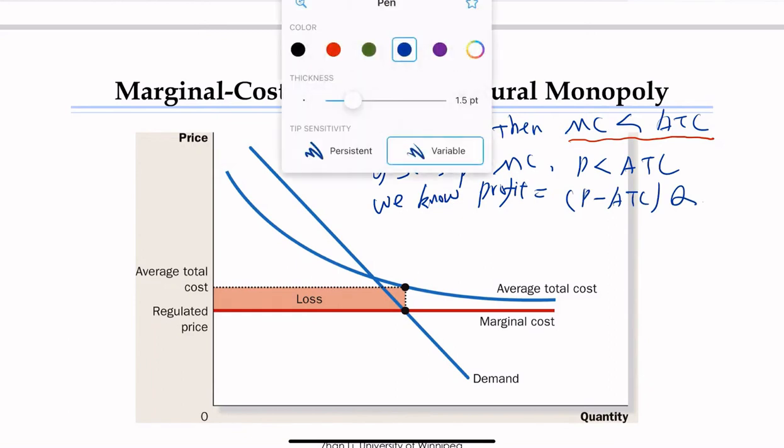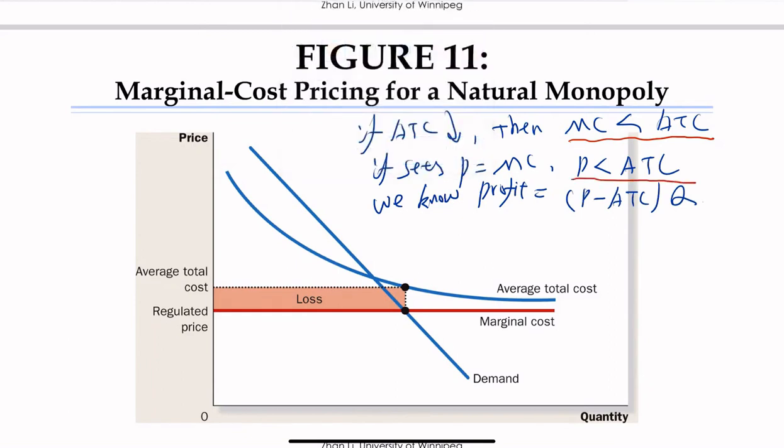If price is lower than average total cost, then you would know that the profit has to be negative. And we know that in the long run, if profit is smaller than zero, the firm will actually exit. So in the end, if the government forces the monopolist to charge a price at marginal cost, the firm will actually try to exit the market.